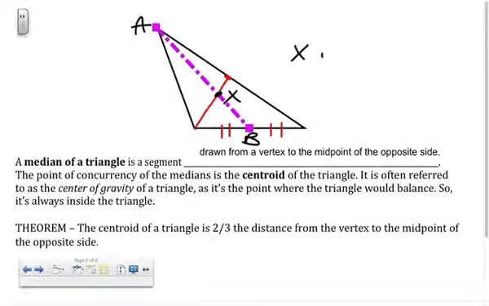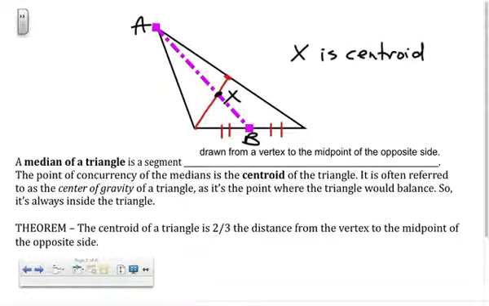Get used to it. X is the centroid. What I want you to observe is that the centroid divides a median. I know it sounds weird, but I'm trying to fix it. The centroid divides the median into two parts. Do you see that there's a long part and a short part?